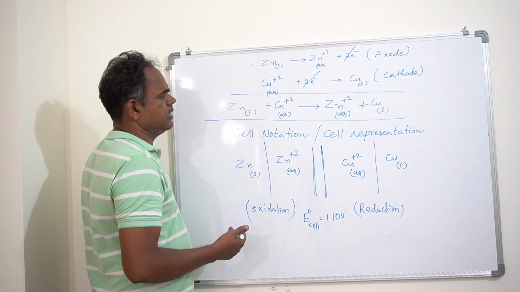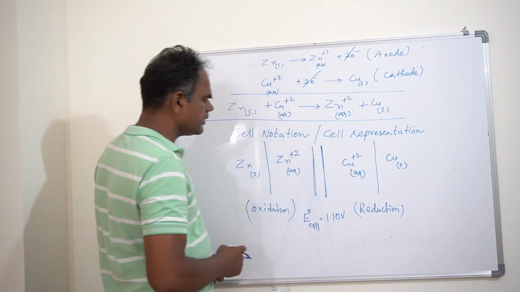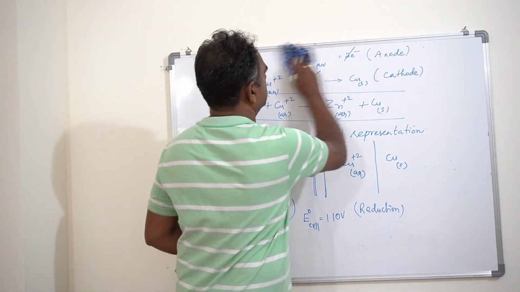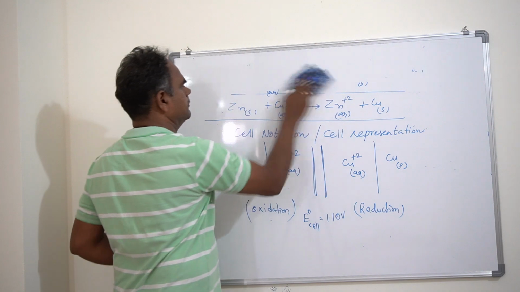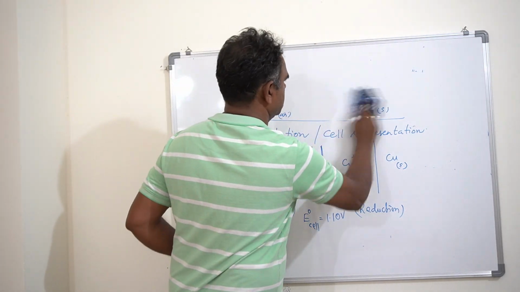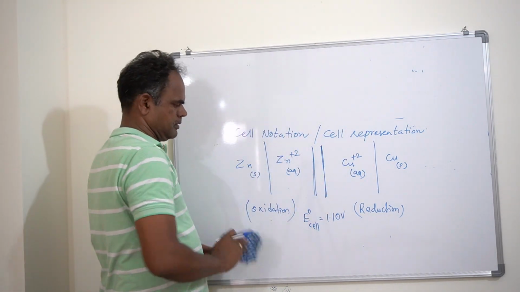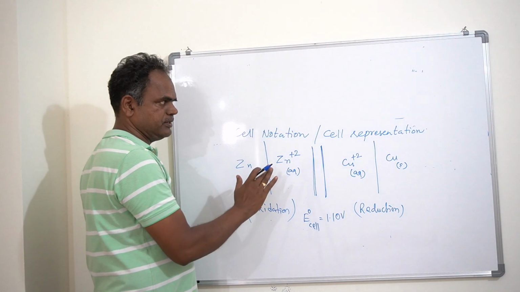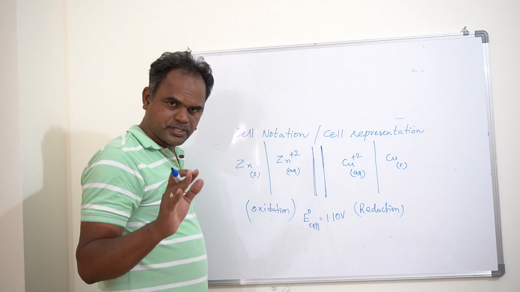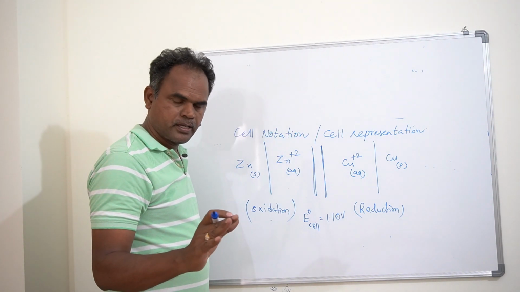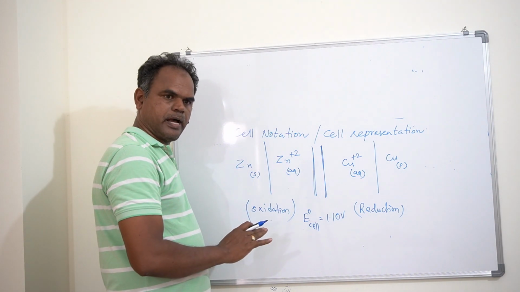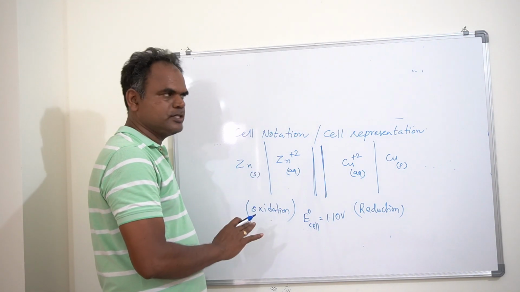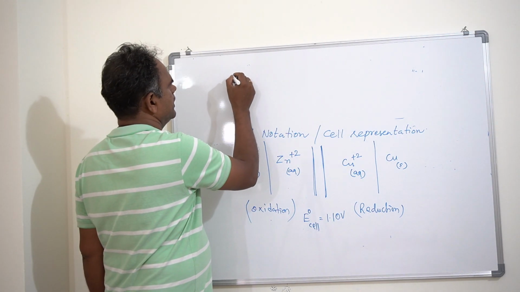So I am writing the formula of cell potential. Whether this cell notation or cell representation is correct or wrong can be identified by using the formula.